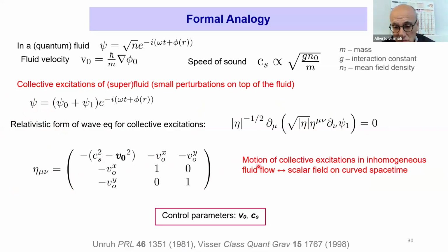It is possible to demonstrate that the motion of the collective excitations in an inhomogeneous fluid, in which the speed is increasing, is equivalent to the motion of a scalar field on a curved space-time. What is important is that the metric of the curved space-time is controlled by two parameters of the fluid: the speed of the fluid and the speed of sound in the fluid. And we have control on both of these parameters.